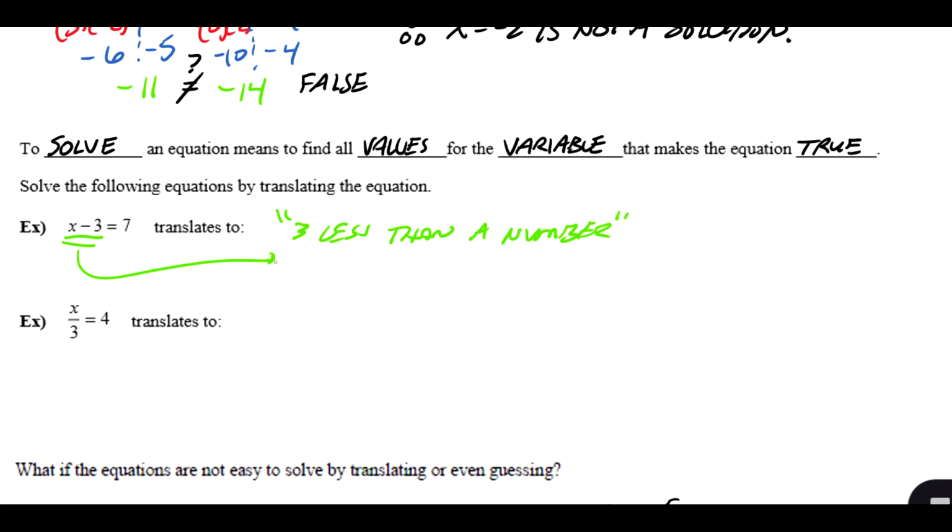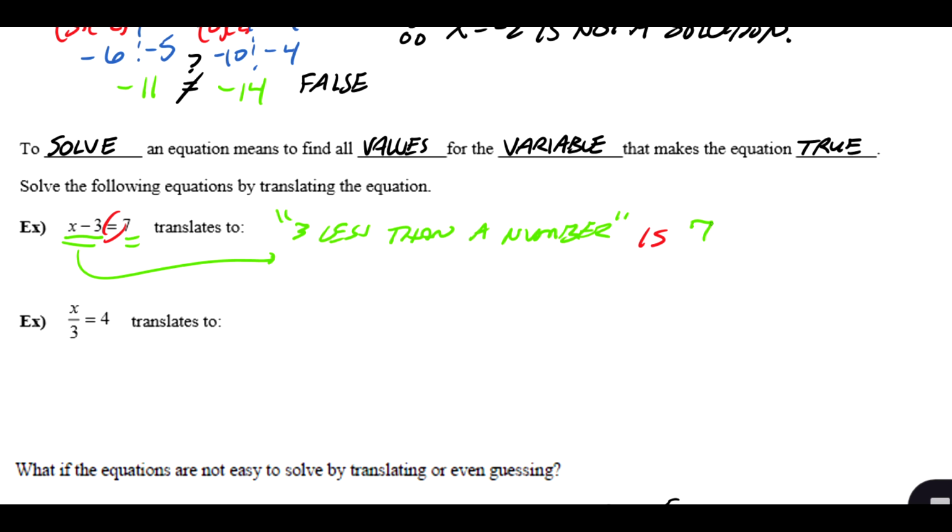And the equal sign, when we translate it, we can say it's the same as "is", and then the right side of the equation is 7. So 3 less than a number is 7.